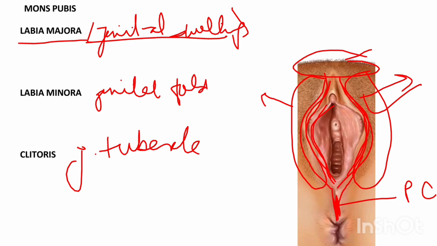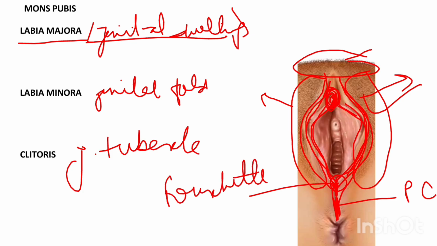These two folds of skin, medial to labia majora, are fused anteriorly to form an erectile body, which is called the clitoris. They fuse posteriorly to form a structure, the fourchette, which continues to form the posterior commissure, the posterior union of labia majora.